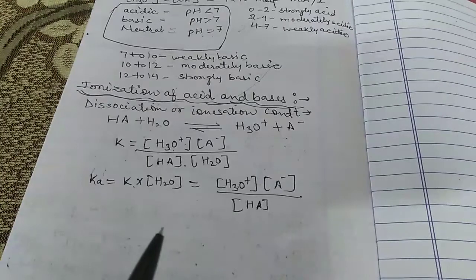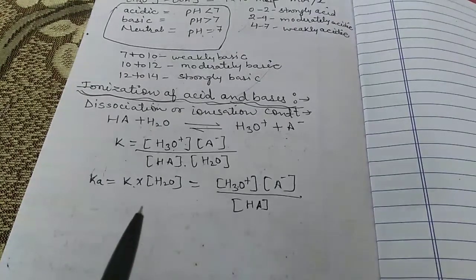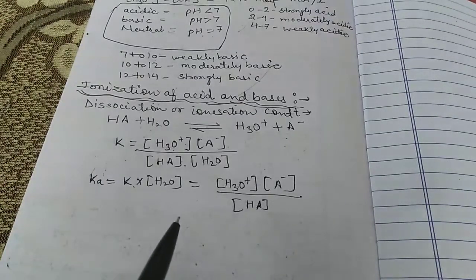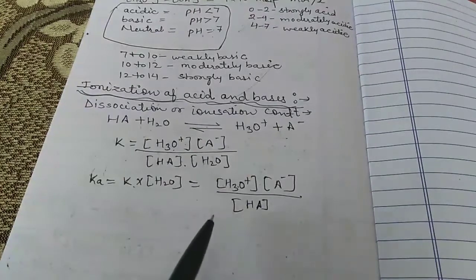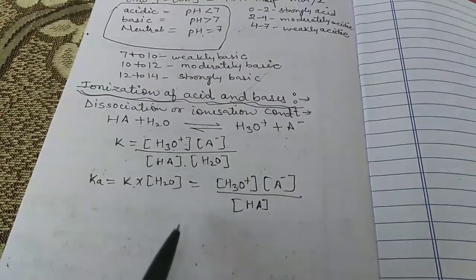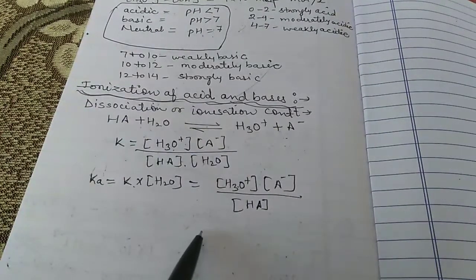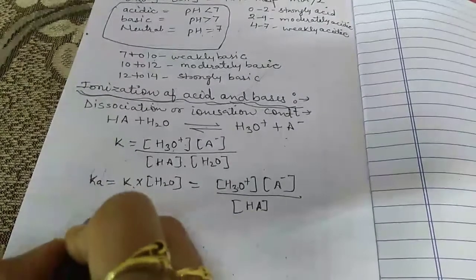Here the word electrolyte is used for acids or bases which ionize into ions, and we can designate the degree of dissociation or ionization by the term alpha.